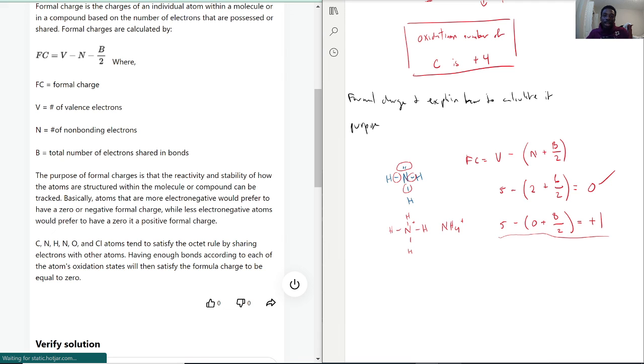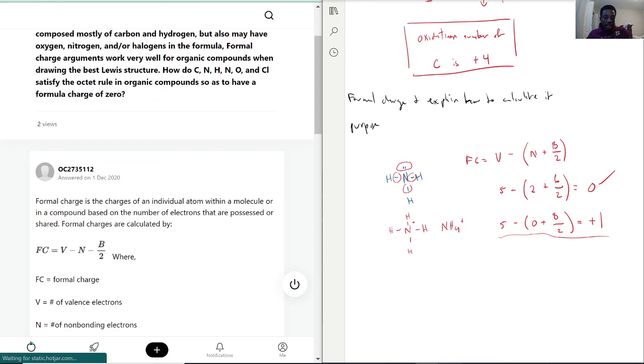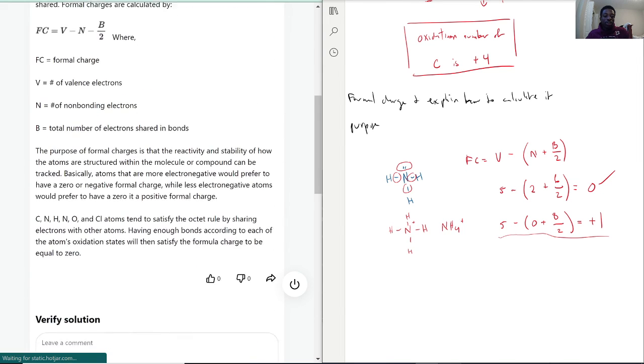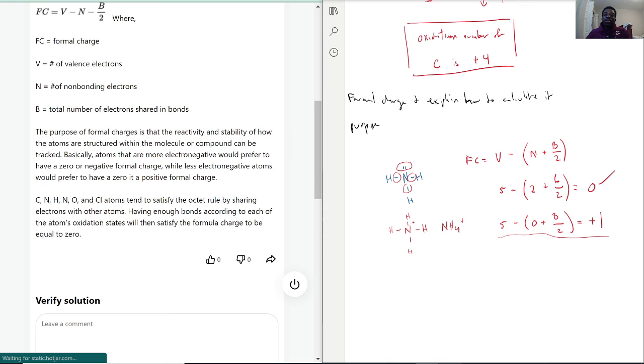Depending on how they're bonded, some things will ignore the octet rule in order to get their proper formal charge, but that typically doesn't happen with organic compounds. Organic compounds are typically nice to where they can find a way to bond with each other to satisfy the octet rule and the formal charge.